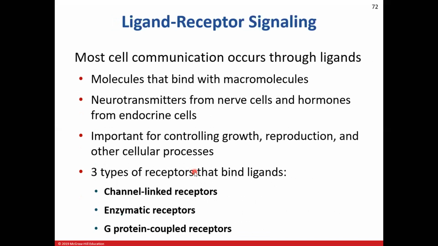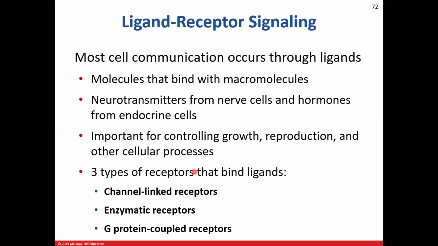So that leads us to ligand receptor signaling. Most of our cell communication occurs through ligands, which again are molecules that bind with macromolecules. Neurotransmitters are also a form of a ligand, as are hormones.